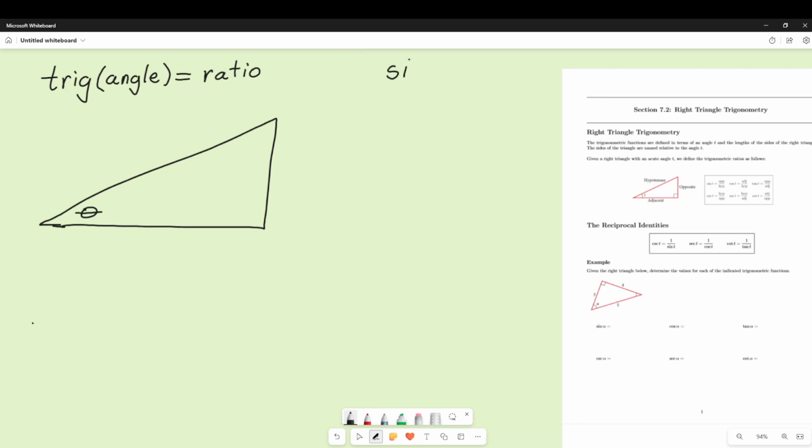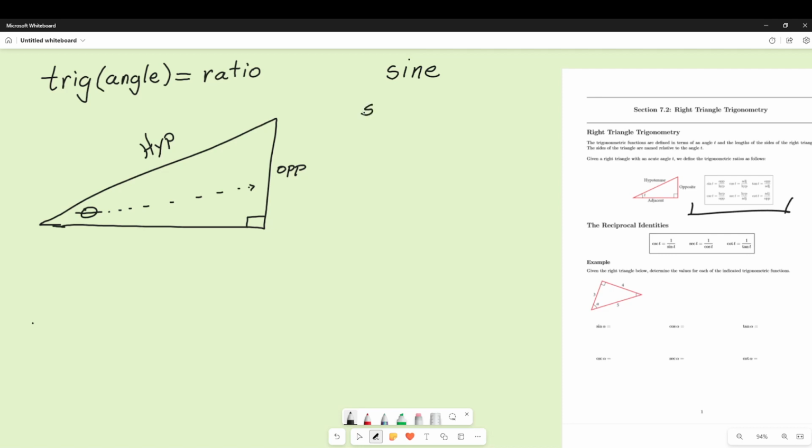So the first one that we often talk about is the sine function. And the sine function gives us, as talked about here in your notes, the ratio between the side opposite the angle in question and the hypotenuse of our right triangle.